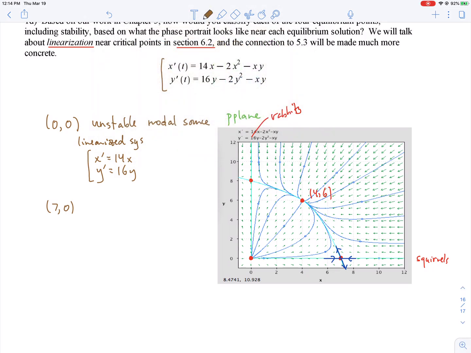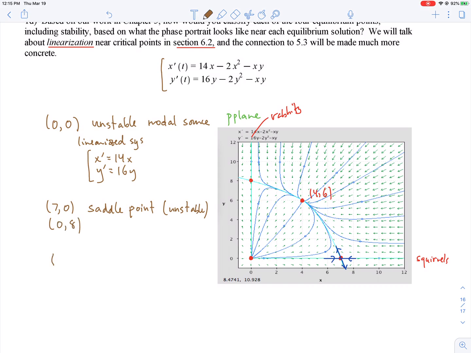It's not true that if you start close you're guaranteed to stay close. In fact, unless you're exactly on the x-axis, you're eventually going to go away from 7, 0. And 7, 0 looks like a saddle. So it's a saddle point, which is unstable. And the same is true for 0, 8.